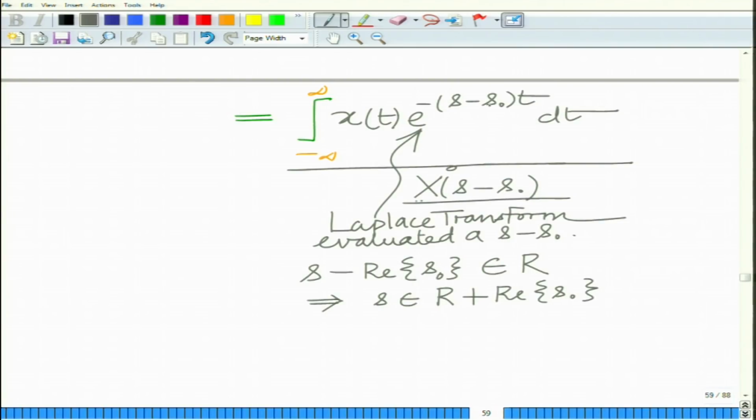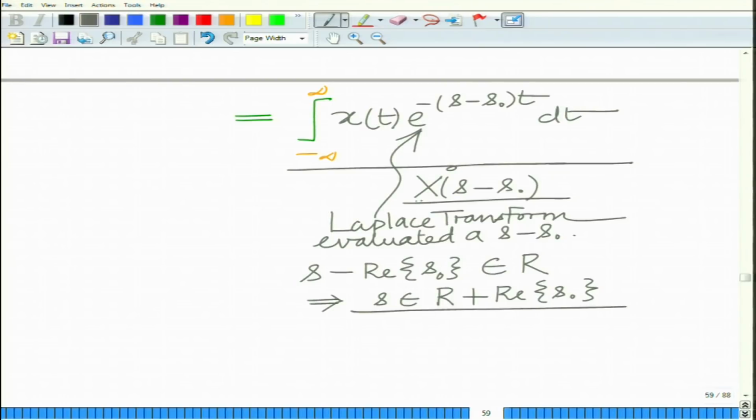So, this converges if s minus the real part of s naught belongs to the region of convergence of x of t. Therefore, the region of convergence of e raised to s naught t x of t will be the region of convergence of x of t plus the real part of s naught.